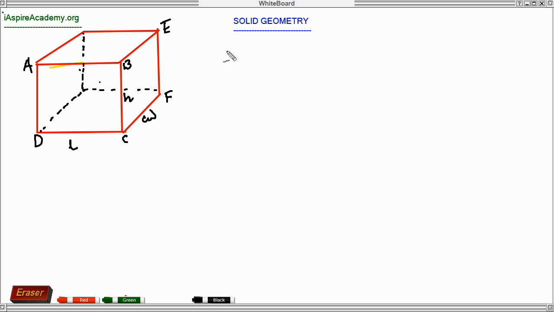Now the area of the rectangular solid is LWH.